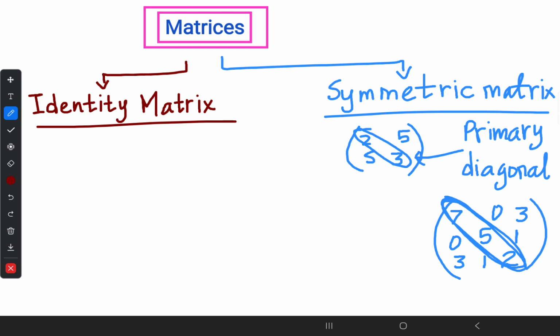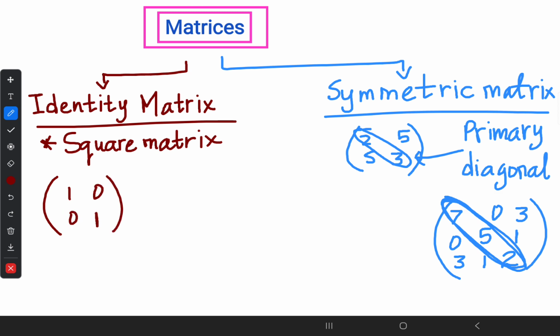Identity matrix means this is a type of square matrix, but here the condition is that the main diagonal should have the value 1 and other values should be 0. This is an identity matrix. Look at this. The main diagonal should consist of the values 1 and other values are 0.